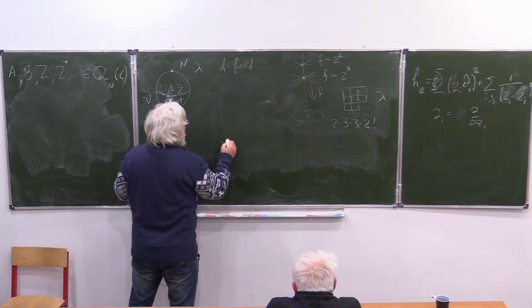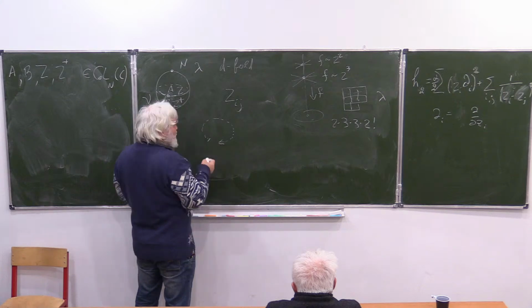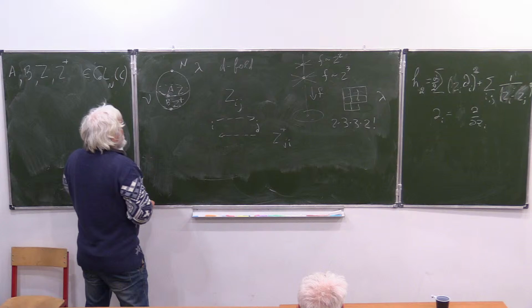Say, for our purpose, let us draw it as a dotted arrow, with two indices. To Z dagger we associate this arrow, to Z, with indices j, i, and solid arrows to these matrices A and B.